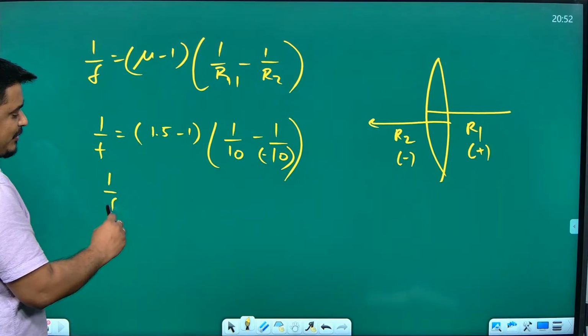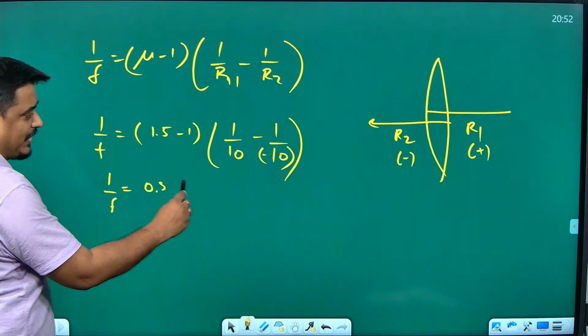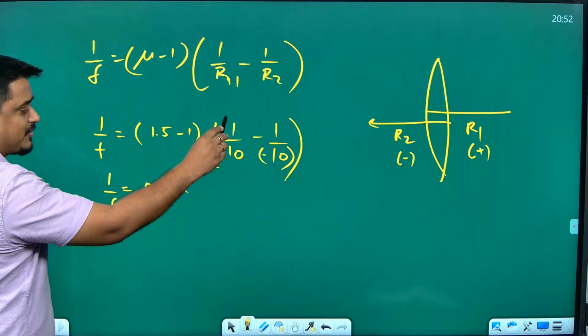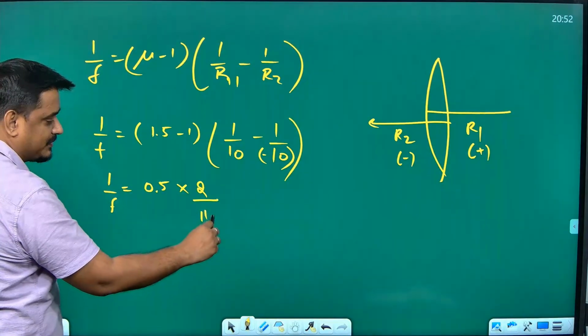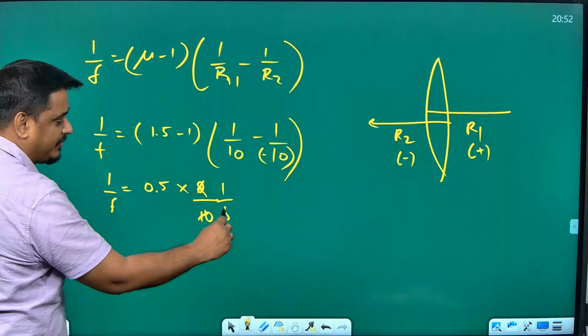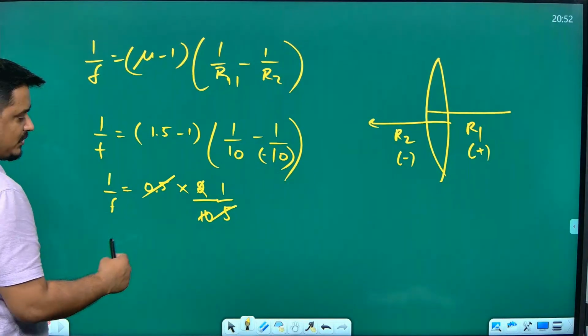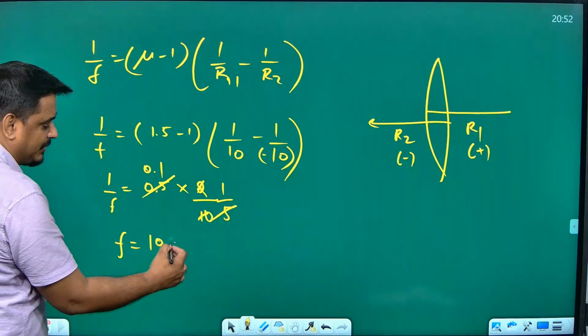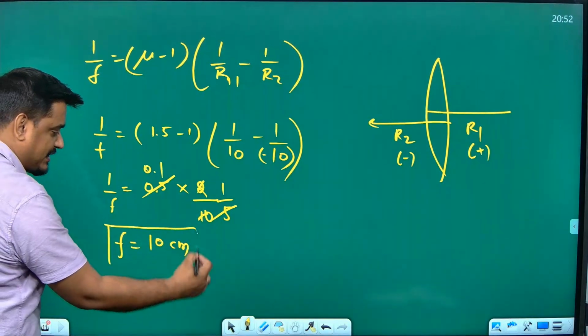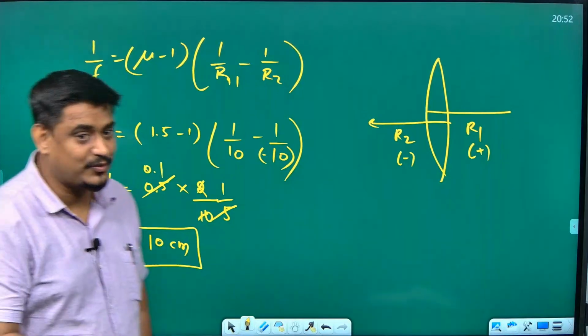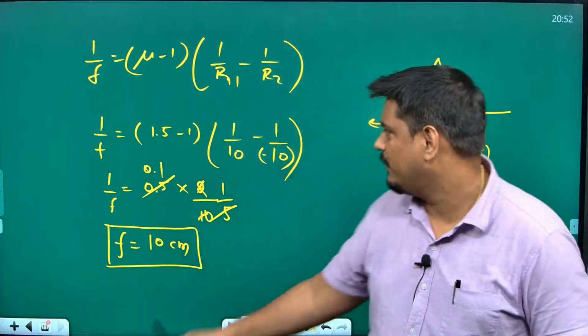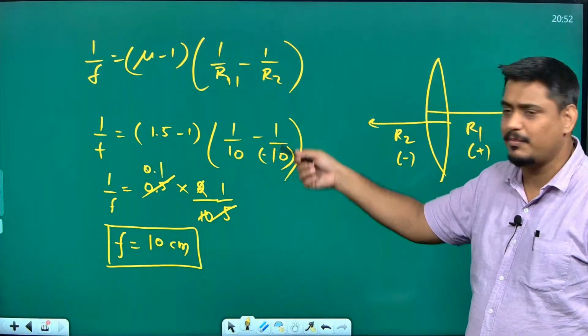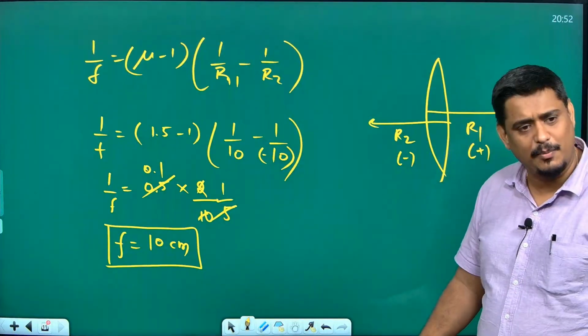So, 1 by f will become equal to 0.5 into (1 by 10 plus 1 by 10), which is 2 by 10, which is 1 by 5. So, 0.1 is 1 by f. So, f will become 10 centimeter. If it is coming negative 10, it is wrong. If it is minus 1 by 10, minus 1 by 10, minus 2 by 10, how will it be positive then?